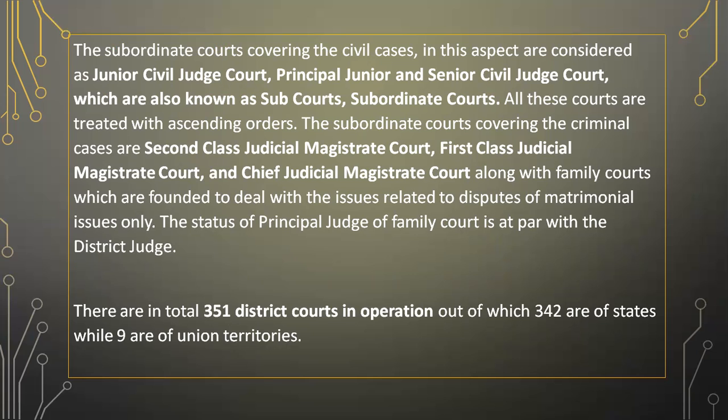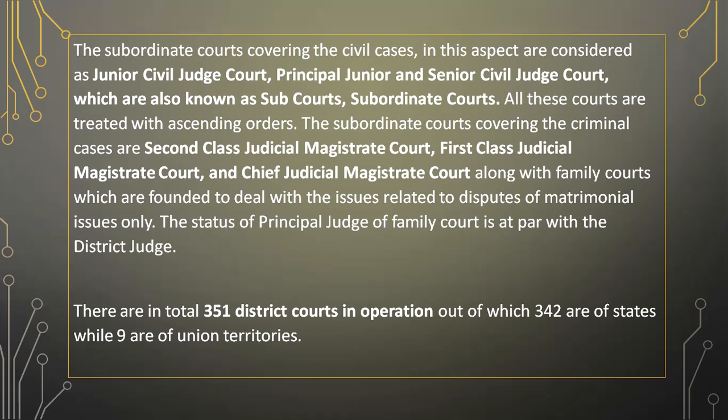As these courts are treated with the ascending orders, the subordinate courts covering the criminal cases are second class judicial magistrate court, first class judicial magistrate court, and chief judicial magistrate court, along with the family courts, which are founded to deal with the issues related to matrimonial disputes only, right?